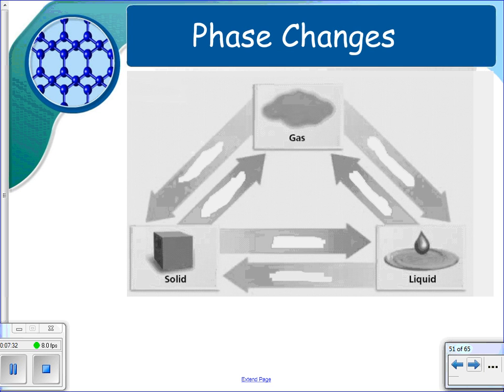All right, so here are some phase changes. When we go from a solid to a gas, we said that was going to be called sublimation. When we go from a gas to a solid, we call that deposition. We go from a solid to a liquid, we call that melting.